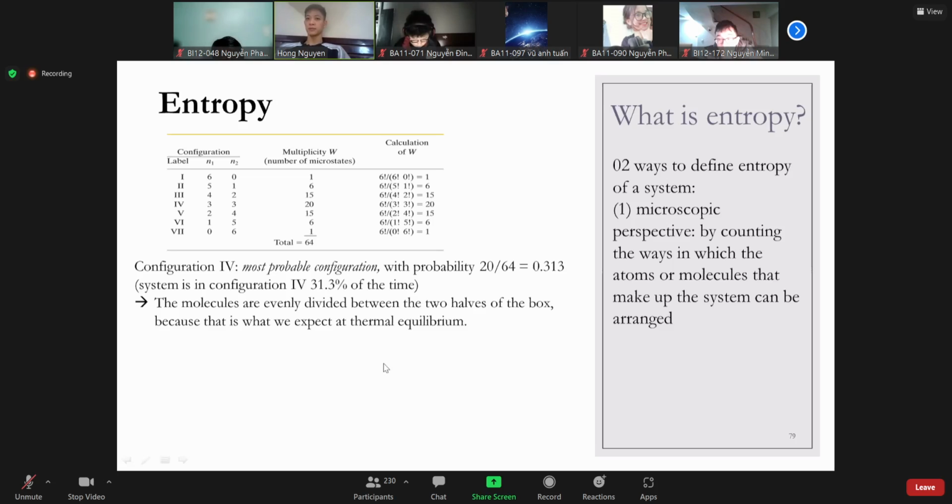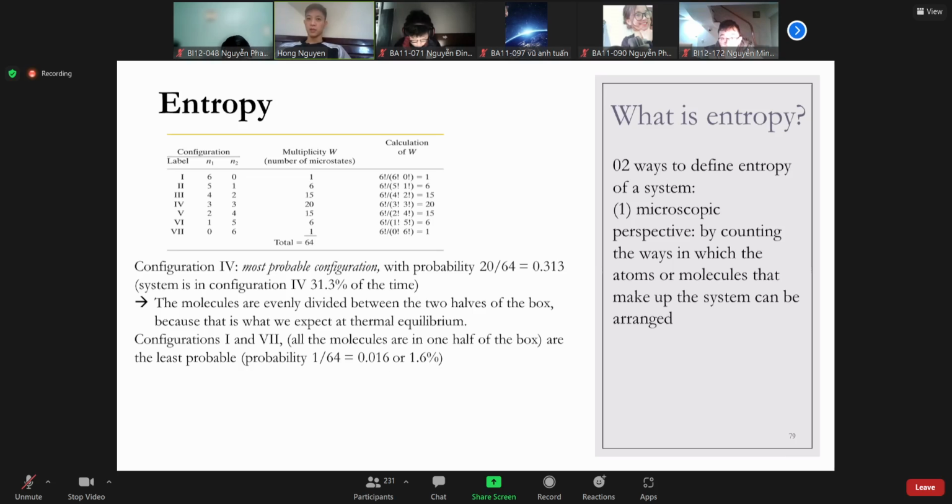Right? And if we look at the configurations 1 and 7, all the molecules are in one half of the box. So this is the least probable configuration, with a probability of only 1.6% for our system of 6 molecules. Remember?